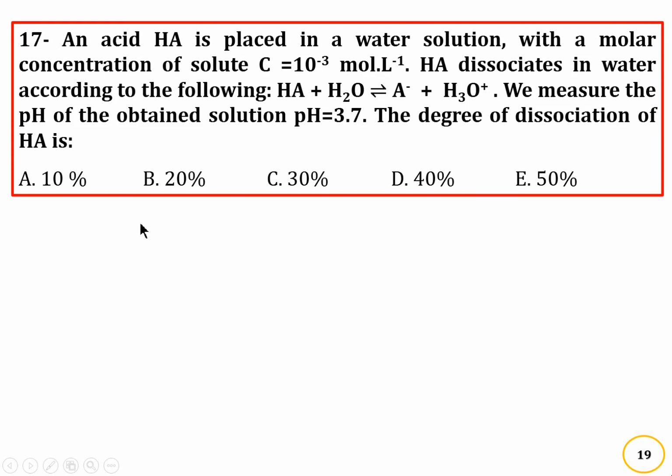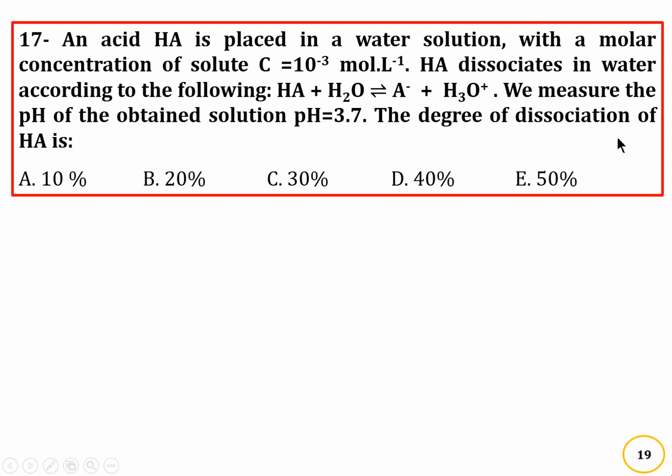Exercise 17. An acid HA is placed in water solution with a molar concentration of solute equal 10 minus 3 molar. HA dissociates in water. We measure the pH of the obtained solution equal 3.7.